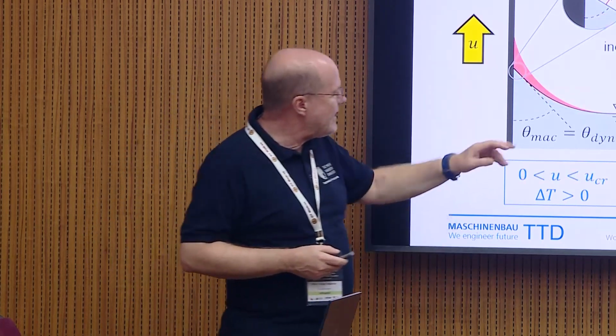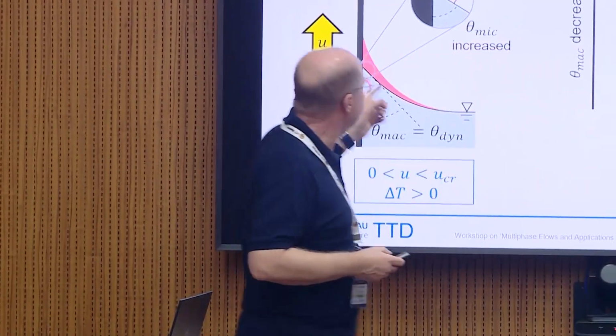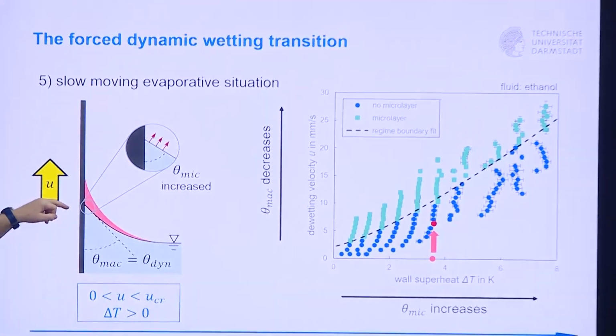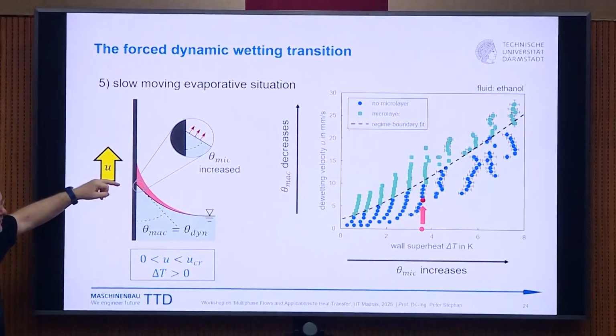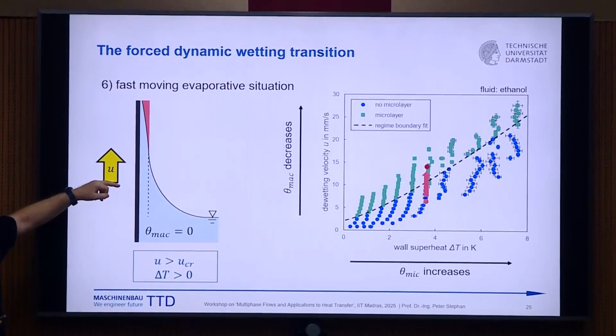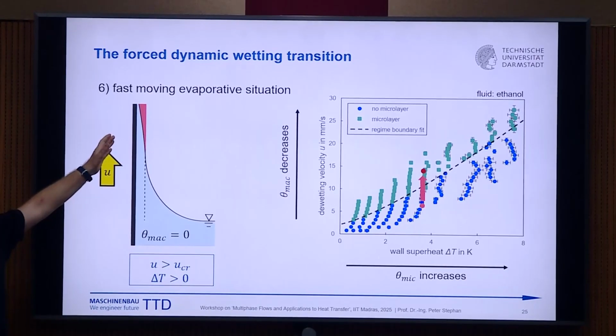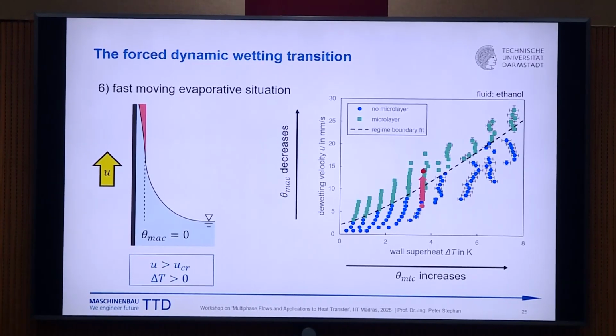Now we start dewetting. So we go up into this situation where we have contact line evaporation. And if we further increase the dewetting velocity, then again we build a microlayer. This is a really nice evaporating line.